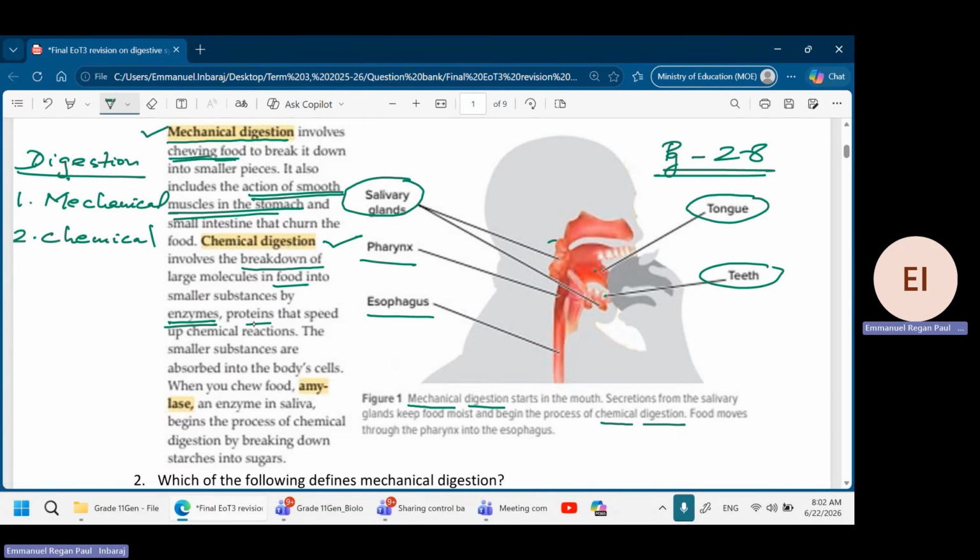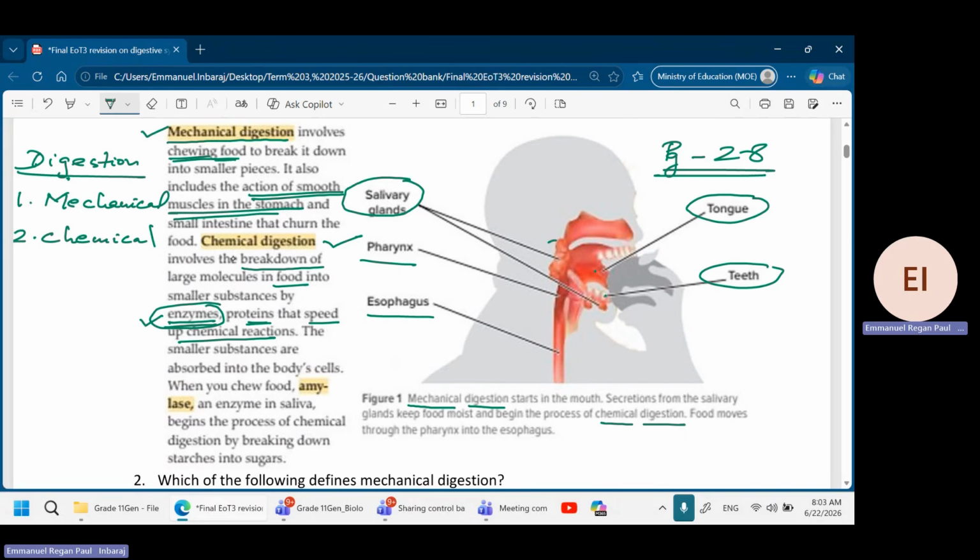Enzymes are proteins, and they speed up chemical reactions. So chemical digestion involves the breakdown of large molecules with the help of enzymes. If you find the word enzyme, you should remember that it is connected to chemical digestion.